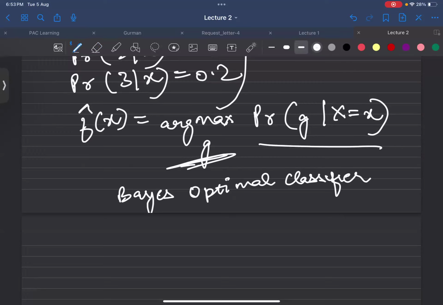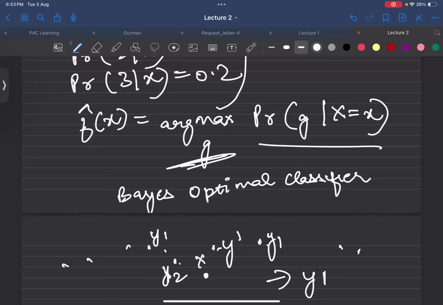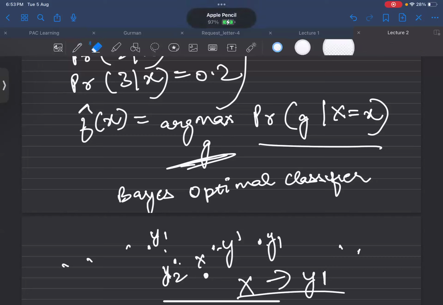In KNN also, as we discussed earlier, we choose the majority. This one is telling me Y1, this one Y2, this one Y1, and this one too. Considering the 4 points, the majority are telling me the answer is Y1, so X also I'll consider as Y1. Fine, or was I too fast?